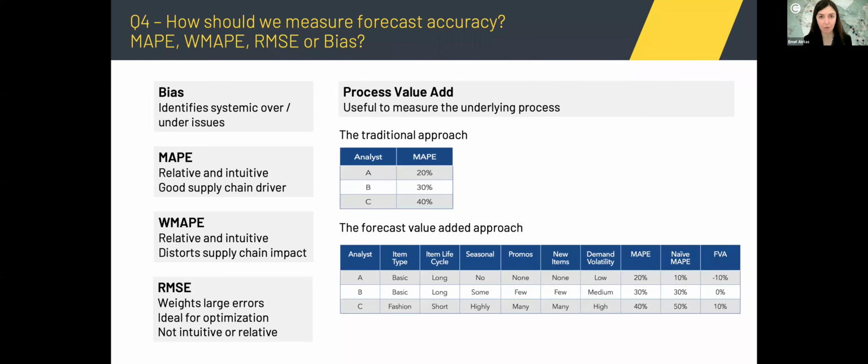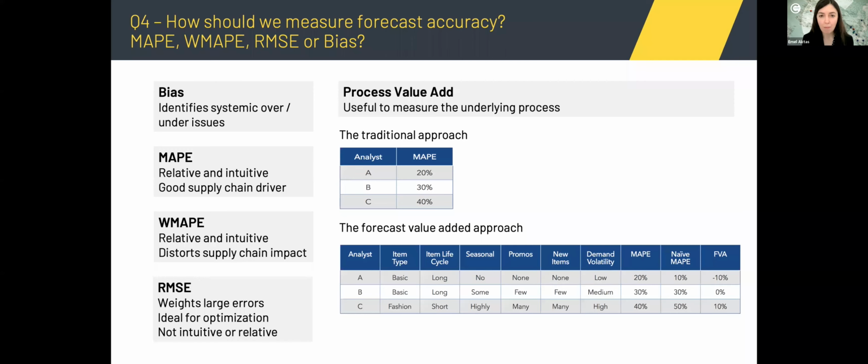They correct the forecast coming from the system. You can see in the bottom table that analyst A manages a basic product with a really long life cycle. The product is not seasonal, it doesn't go on promotion, it doesn't have too many new items introduced, and it has a low demand variability. So the performance of analyst A is 20% MAPE.